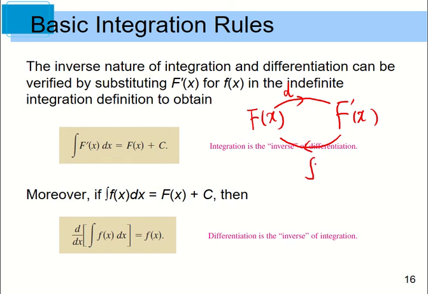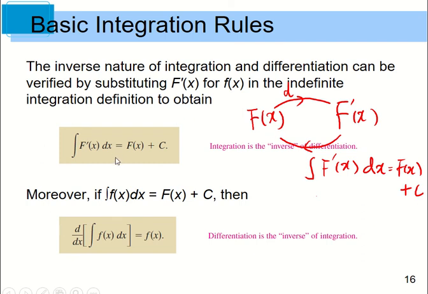So when we integrate the derivative on x, we will get back f(x). Of course, we have to add a constant. So when we integrate the derivative, we get the antiderivative and a constant.